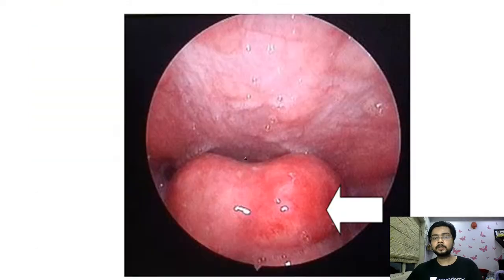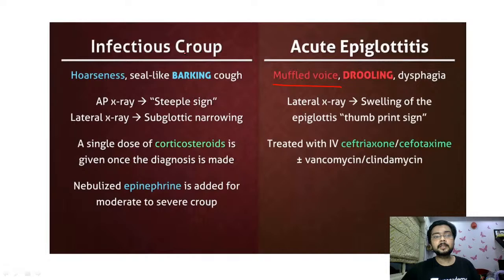On fiber optic laryngoscopy, you see the swollen epiglottis. But in the acute stage you are not going to examine like this because it is contraindicated. You will take an X-ray, and you are not going to intubate the patient, but you can do fiber optic if it is not the condition called croup.